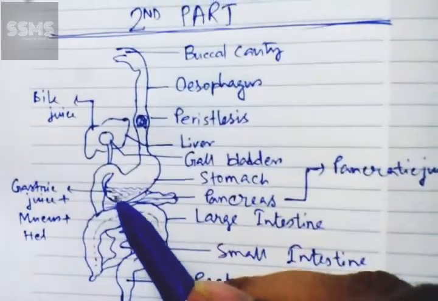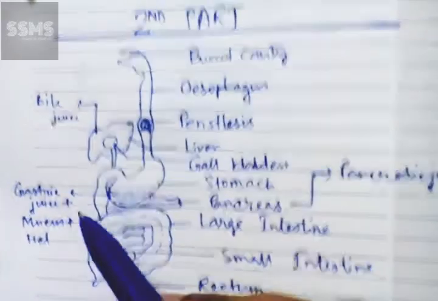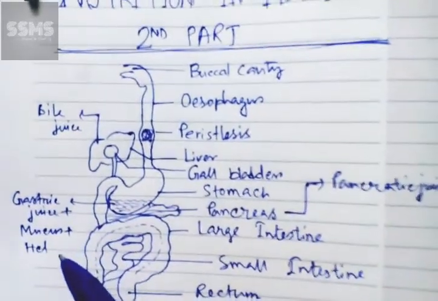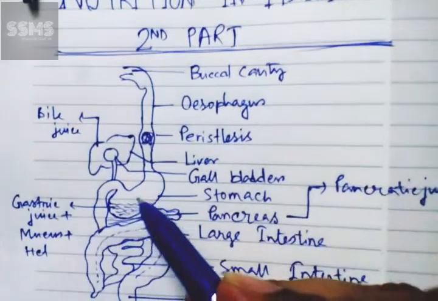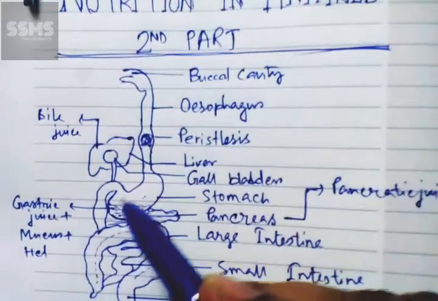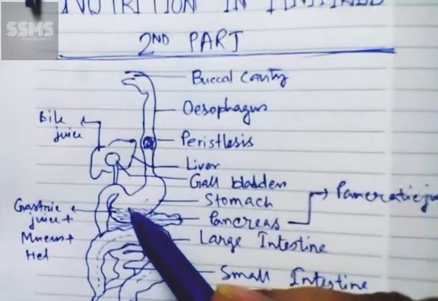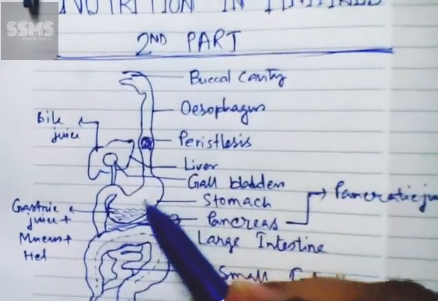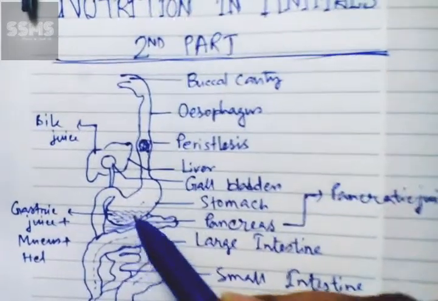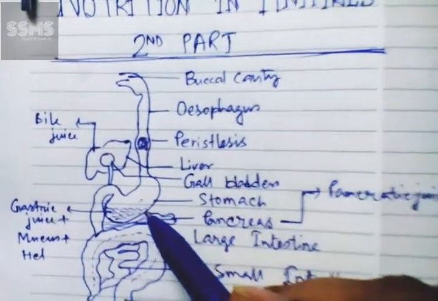Got it? Which juices or enzymes? Here the gastric juice, the mucus, and the hydrochloric acid. Gastric juice and the mucus are present all over the inner lining of the stomach and are secreted when the food moves inside it, as well as the hydrochloric acid that is present inside the stomach.